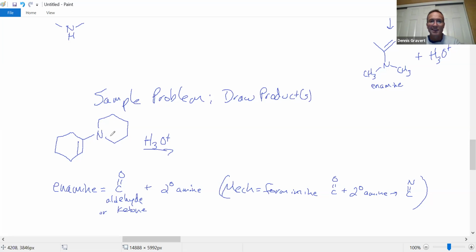So these 2 carbons of the other ring were never double bonded to the nitrogen. The closest pi bond identifies a carbon that used to be double bonded to nitrogen. So here's my alkene, but the double bond, the closest carbon, that one, used to be double bonded to the nitrogen.